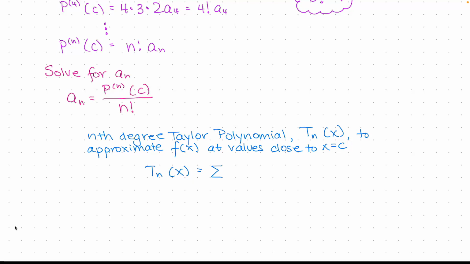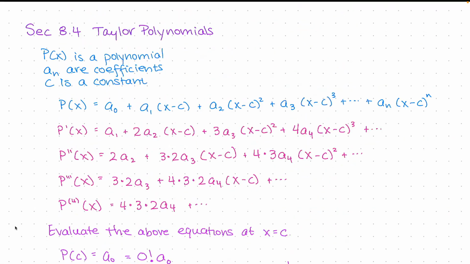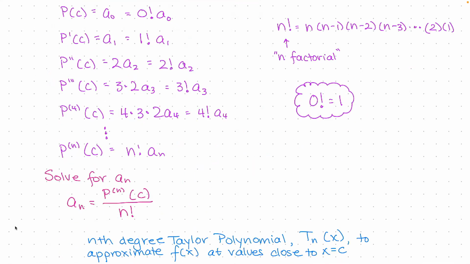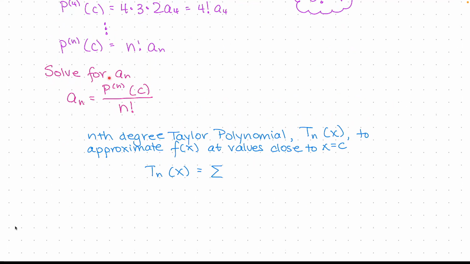So let me go back to the polynomial that we have at the top of the page for a second. If you look at every single term, like the nth term, it is a sub n times (x minus c) to the nth power. And we now have a way of writing a sub n. That was this thing right here.